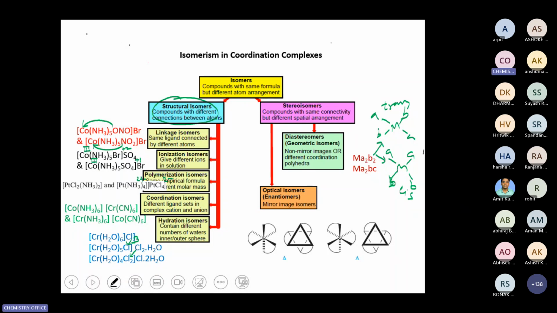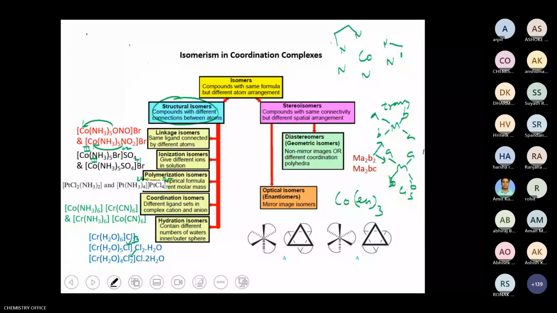The typical example for these molecules is of the formula Co(en)3. It is a molecule like this, with cobalt. There are 6 nitrogen atoms, so 6 nitrogen atoms can be attached to the central cobalt by forming coordination bonds.